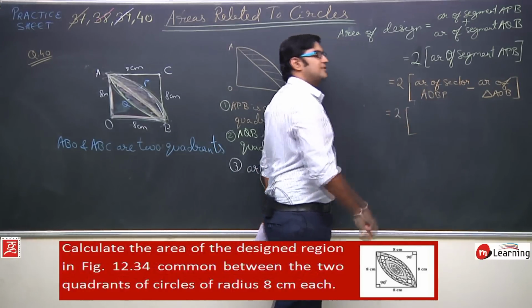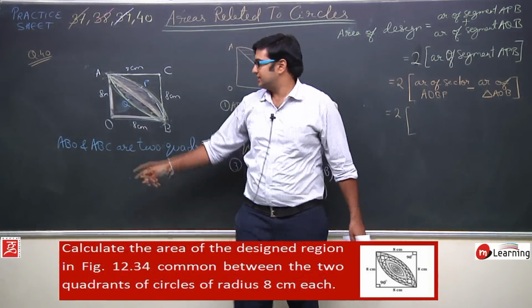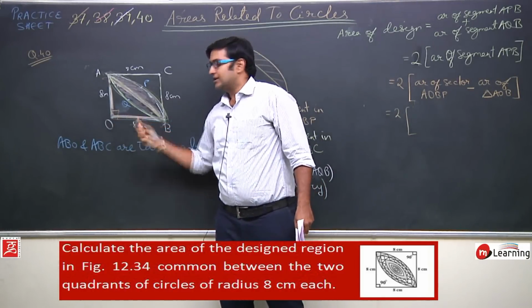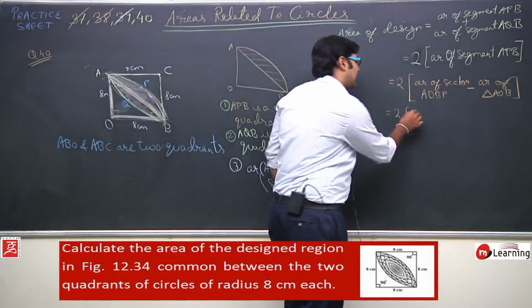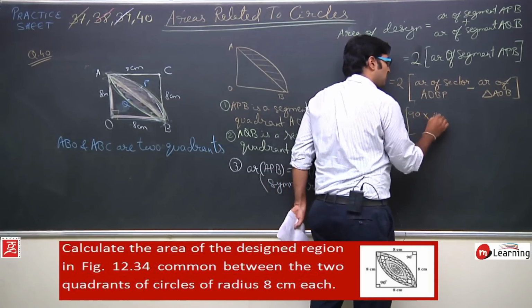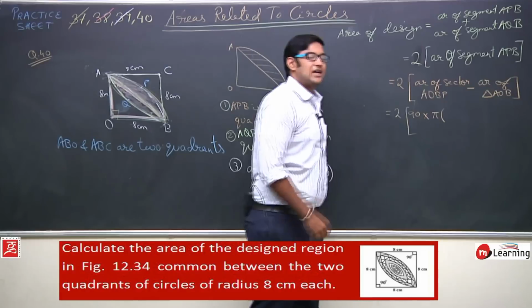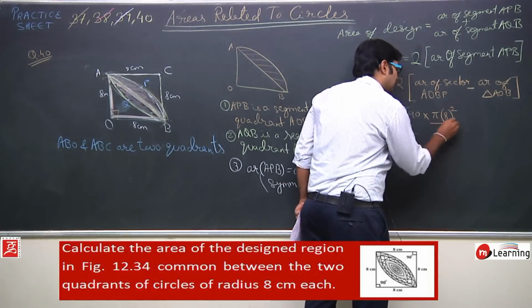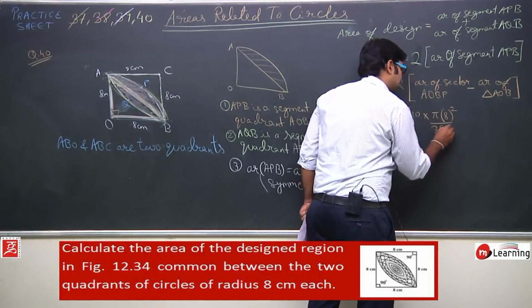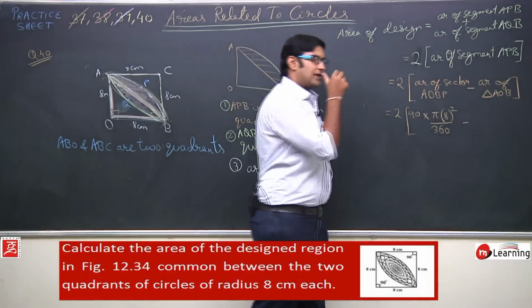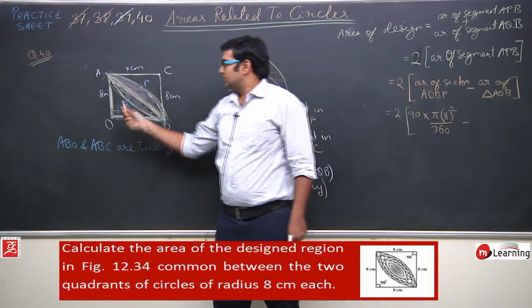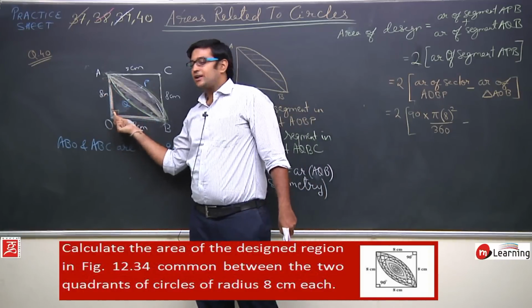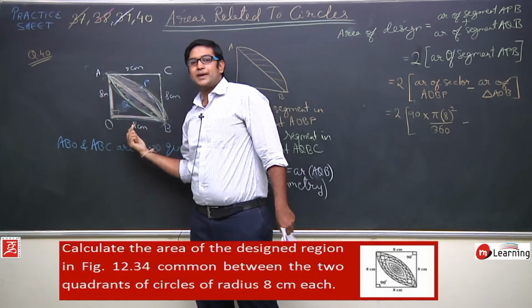Now what is the area of sector? The central angle for this sector is 90 degrees. So 90 into pi into r, where r is the radius, that is 8 centimeters. So 8 squared divided by 360, minus area of triangle AOB. Now this triangle is a right angled triangle, this is height, this is base.